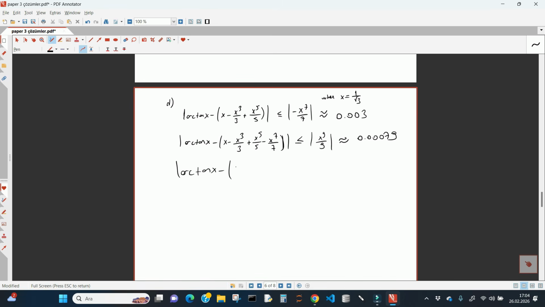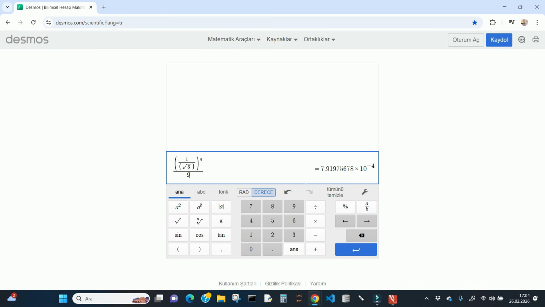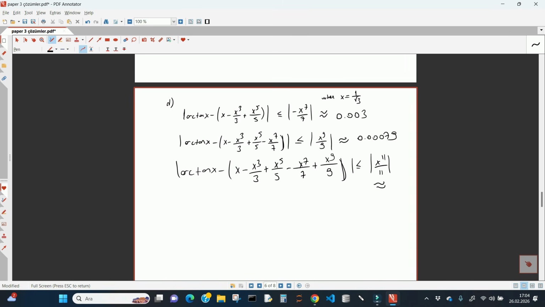Arctangent x minus x to the power of 3 divided by 3. I'm writing so the fifth term, right? In this case, it's going to be less than or equal to x to the power of 11 divided by 11. And let's check the error. Yeah, this is again greater than the value that we are looking for.